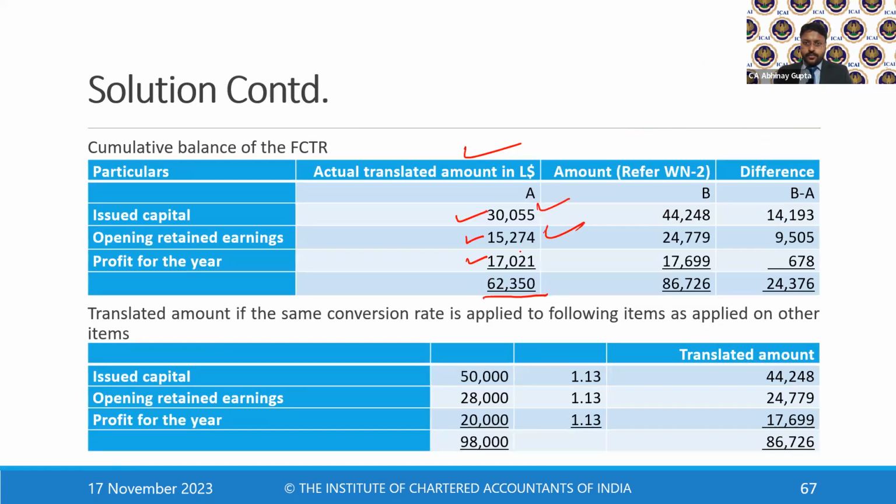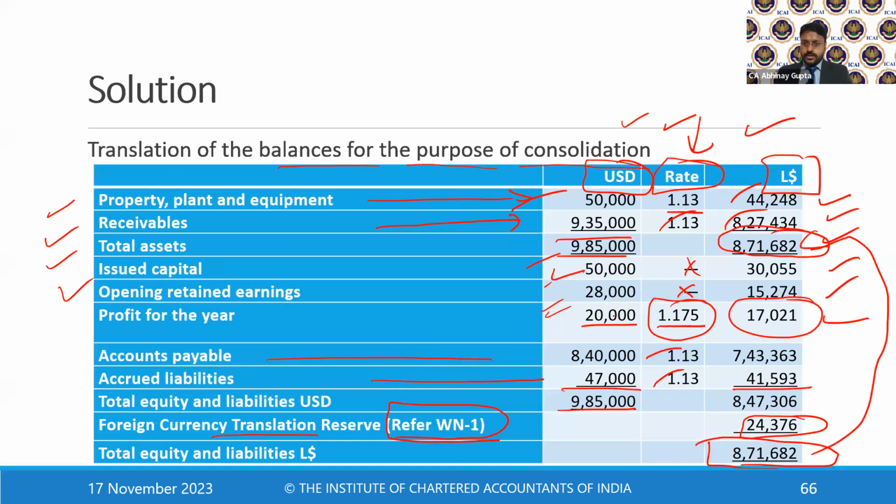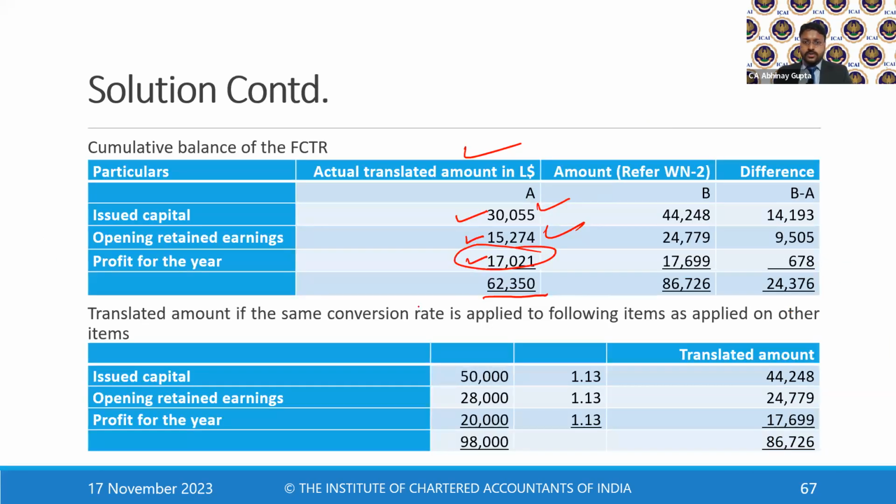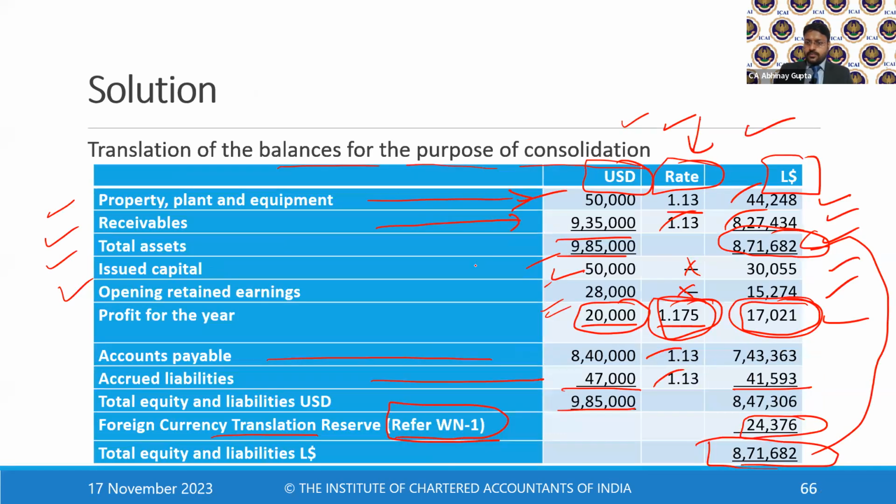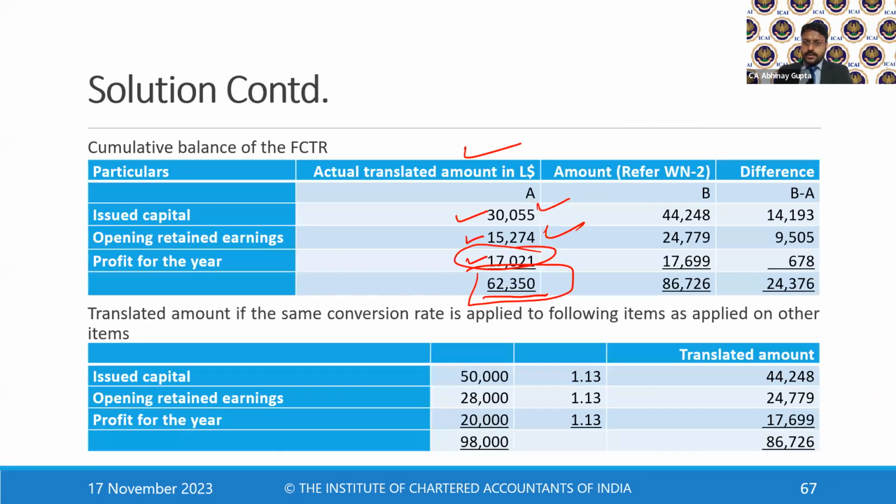And profit for the year is coming from the previous calculation here. So the profit we have is 20,000 in USD converted at the average rate. So this is the amount of the profit for the year duly converted in the new currency. So this would be the closing balance, 62,350.